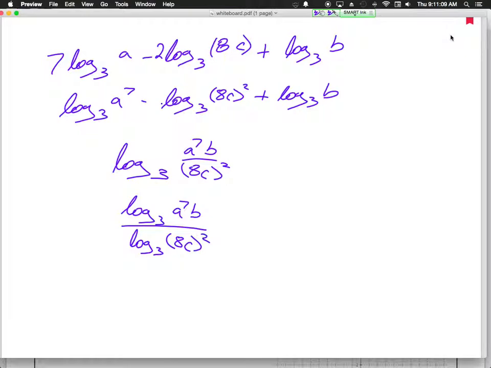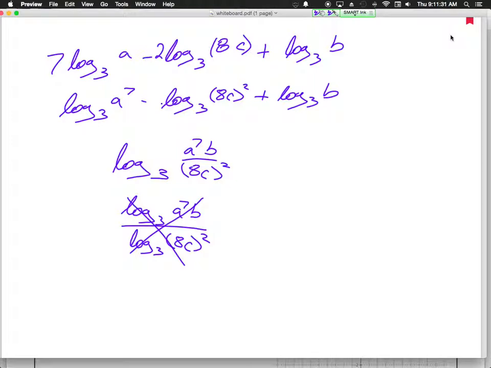That is a common answer I get. They'll do log of what goes in the top divided by log of what goes in the bottom. Please do not do that. Do you come out with a different number? And yes, that is incorrect. I need to remember that when I am condensing, how many logs should I end up with? One. You should end up with one log.